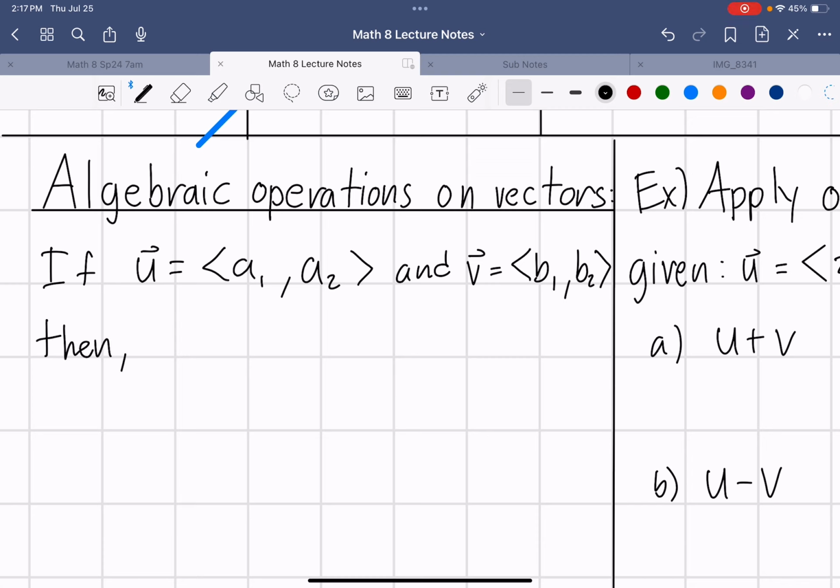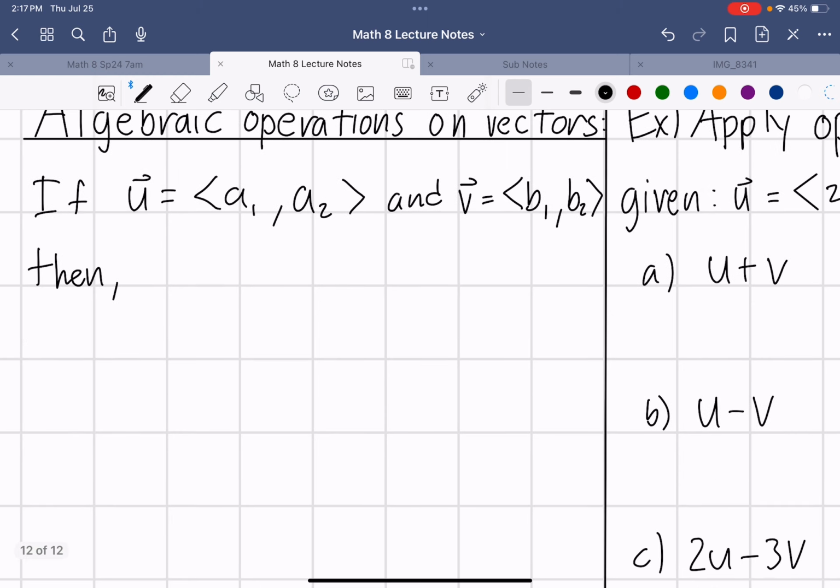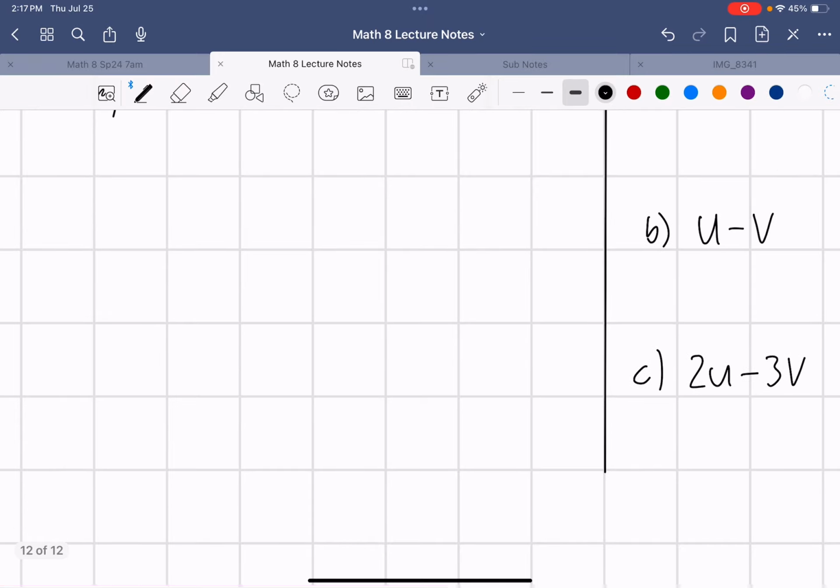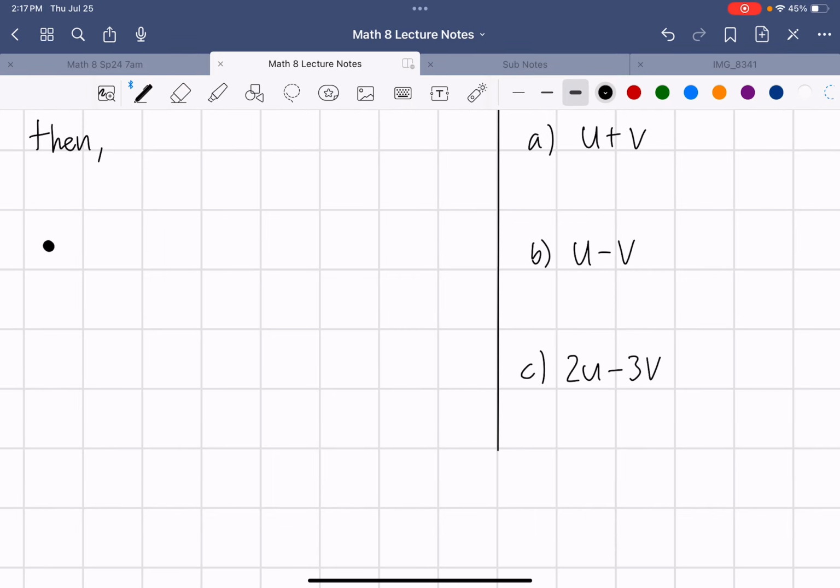So if we have these two vectors u and v, if you try to add these two vectors together, it's pretty straightforward.